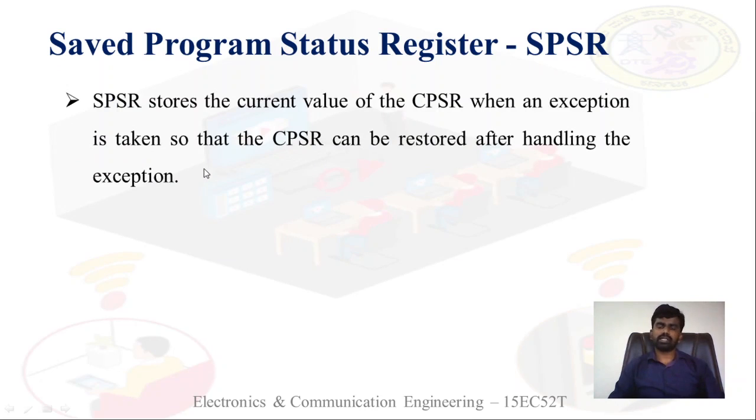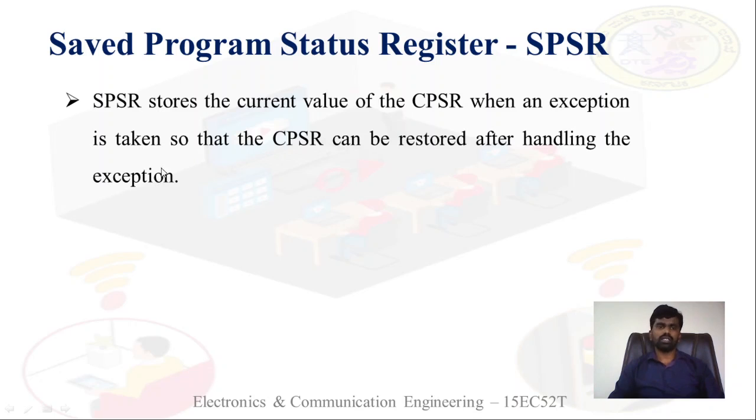Next status register is the saved program status register, generally called SPSR. This SPSR stores the current value of the CPSR when an exception is taken, so that the CPSR can be restored after handling the exception.